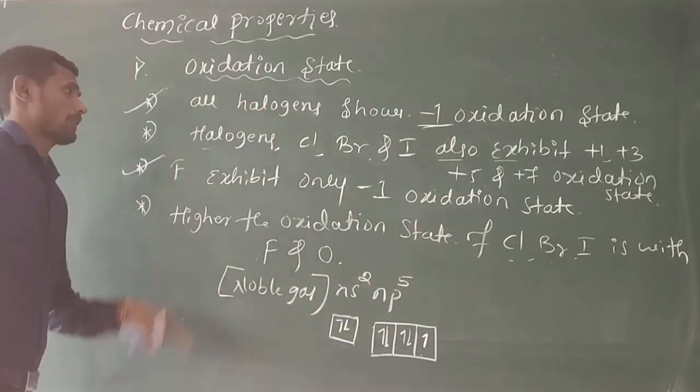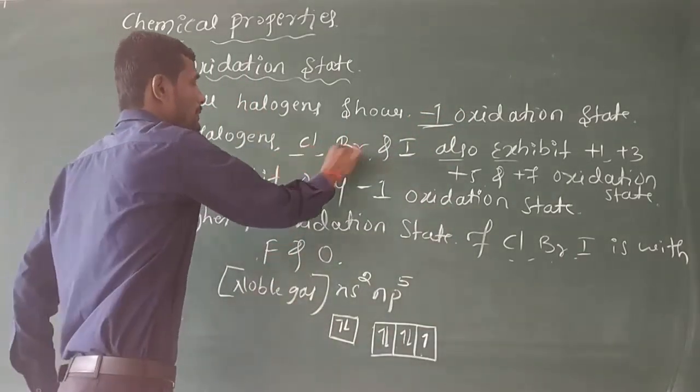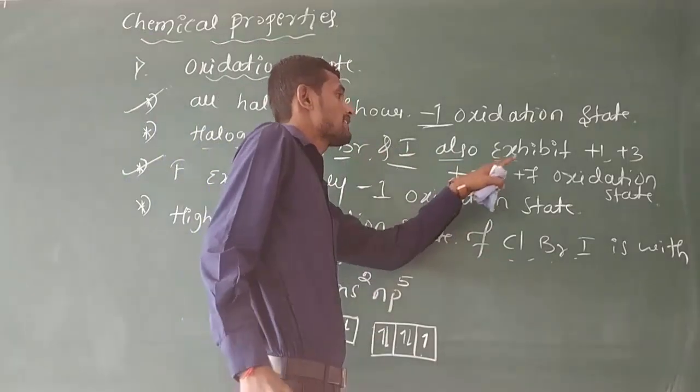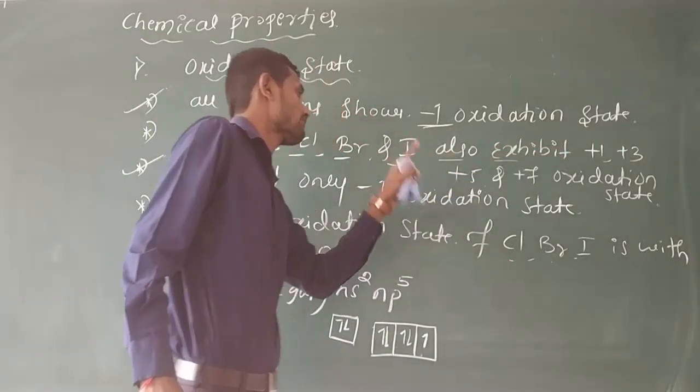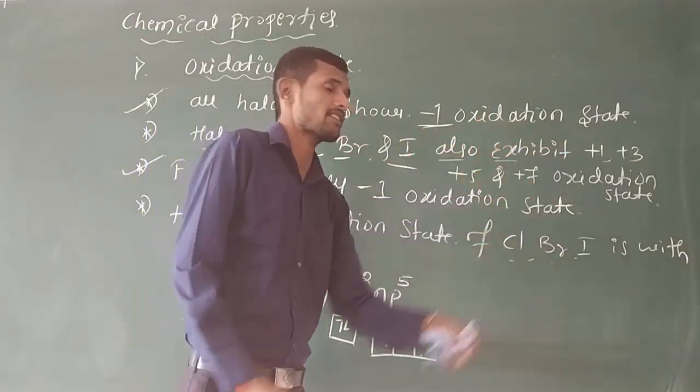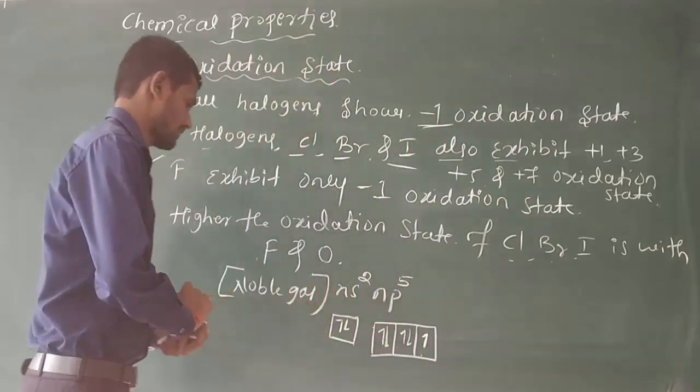And the second point, halogens Cl, Br, iodine also exhibit +1, +3, +5, +7 oxidation states. How does this happen? See here.